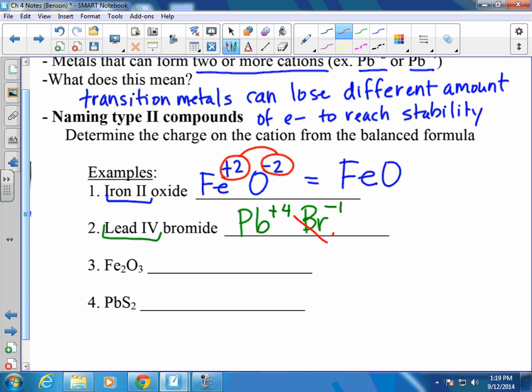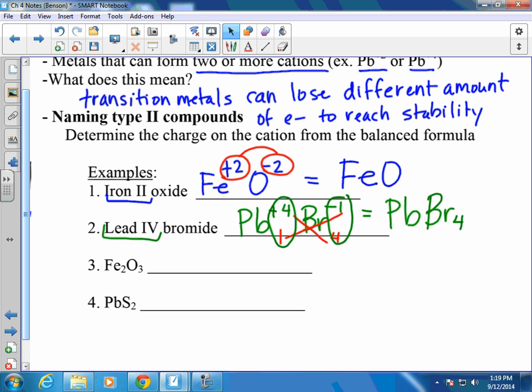The 4 is going to drop down here, and the 1 is going to drop down here, and I am going to get PbBr4. For every 1 lead 4, I need 4 bromine to satisfy this compound. And again, if I look at my math, it works. Positive 4, negative 4. So I simply just need to crisscross my numbers, and I'm going to get the formula.